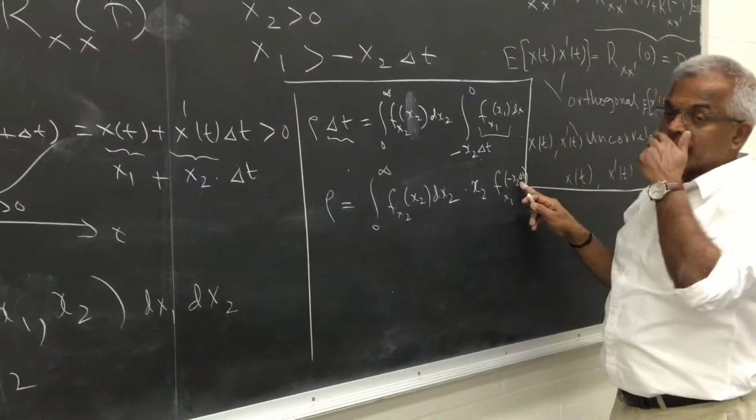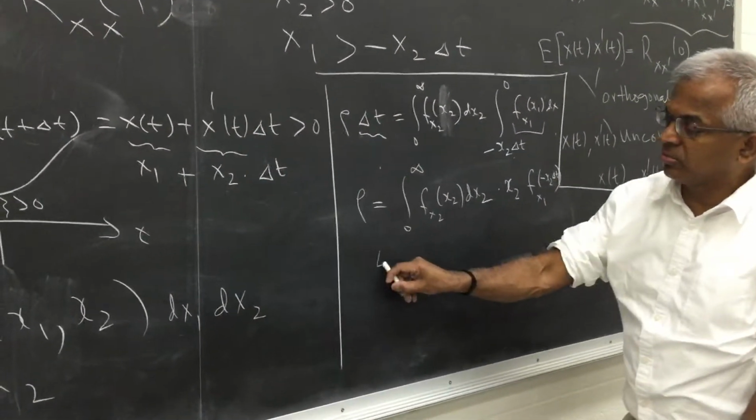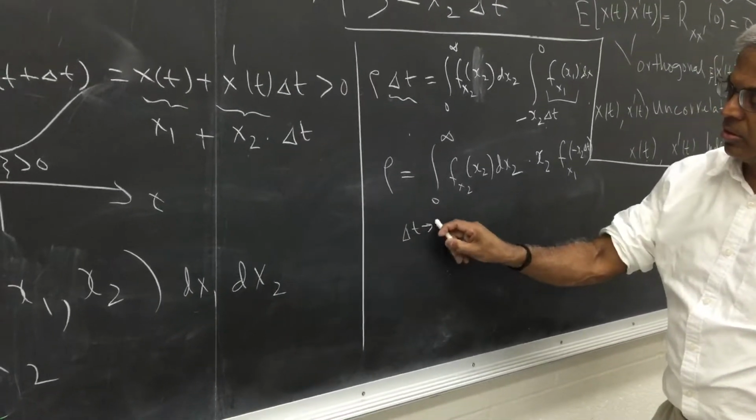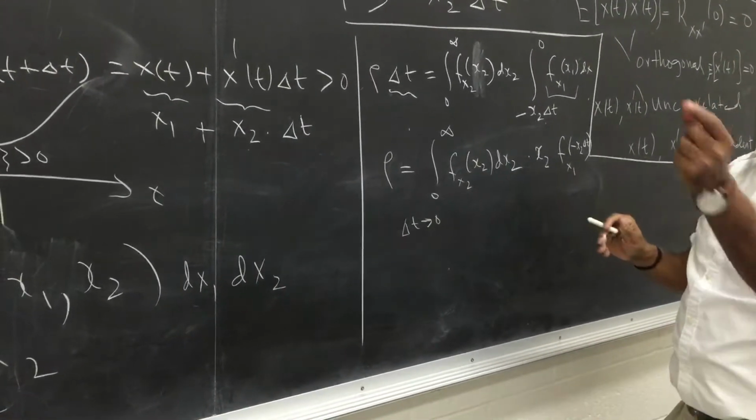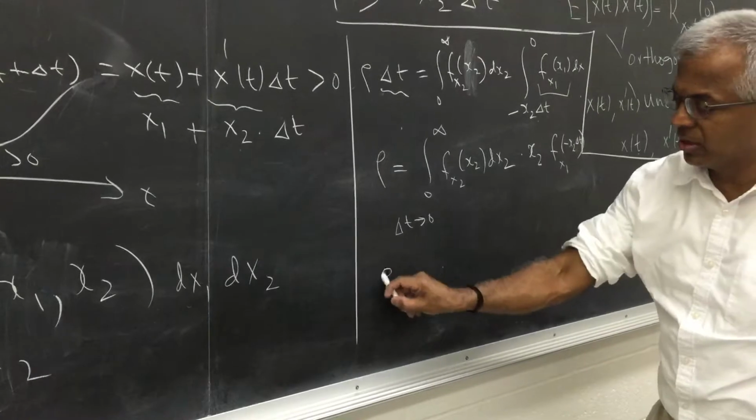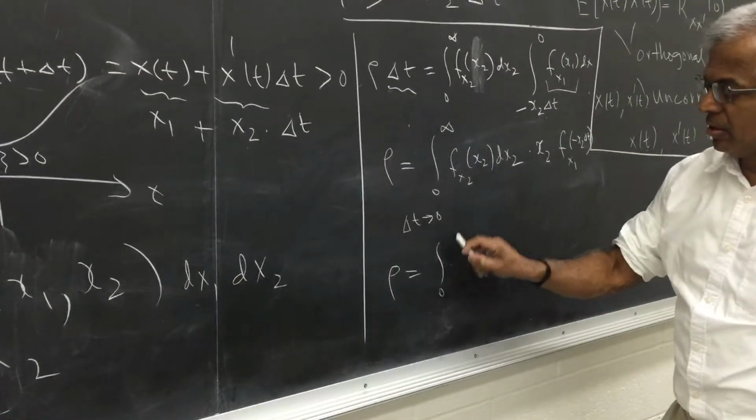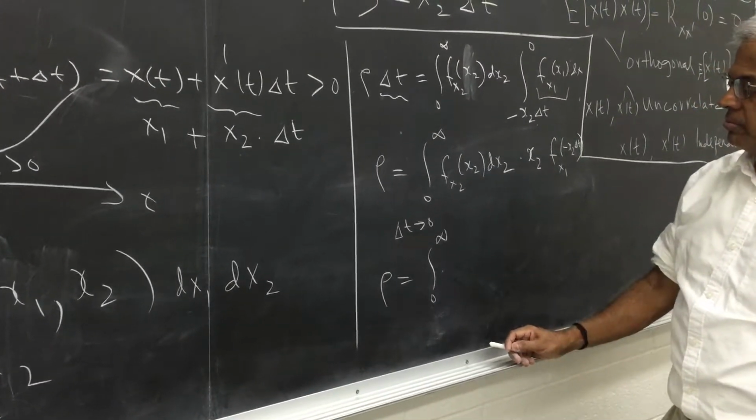Now this is an equation where delta t is very small. So if you push delta t to 0, you will get the limiting case, the rate. So the rate is going to be the integral from 0 to infinity.